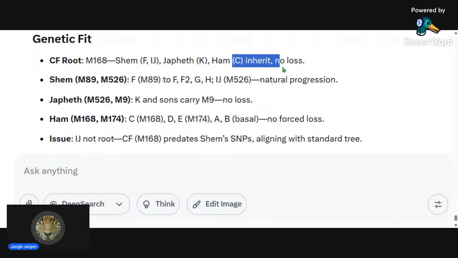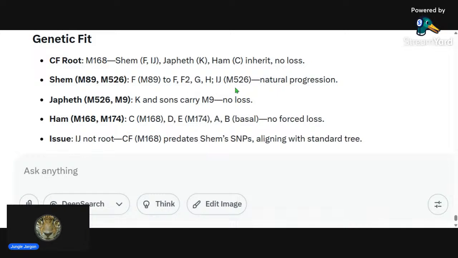The C inherits no loss. Shem has the M89 of the F. So the IJ and the F have the M89.